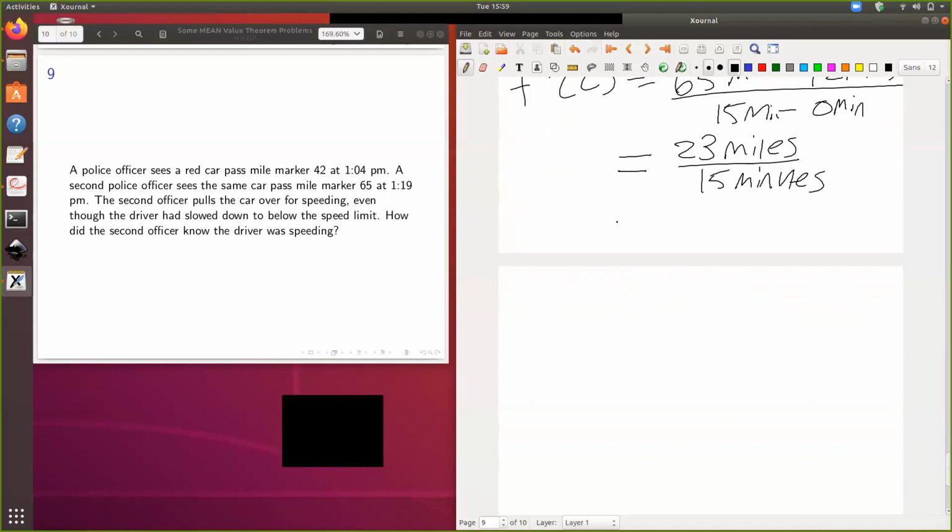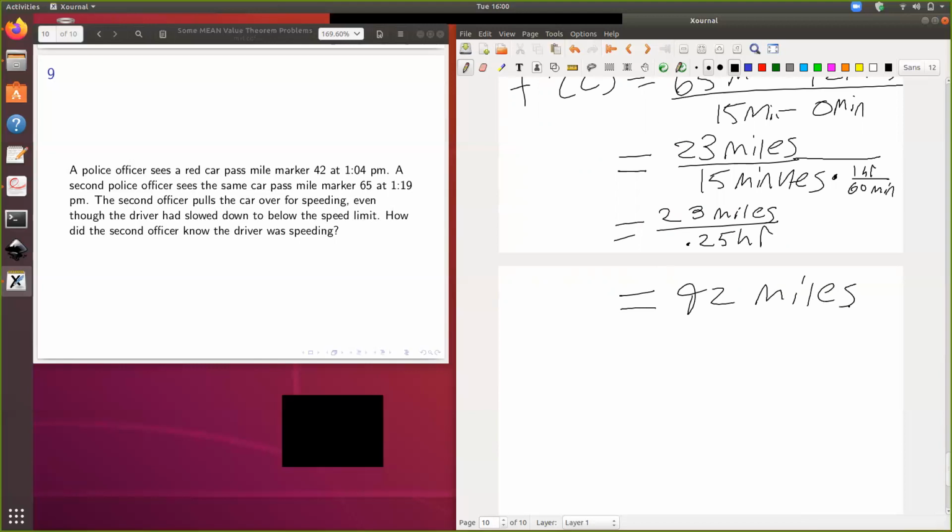So if we multiply the bottom side by a fancy 1, this is just some high school unit conversion, 1 hour per 60 minutes, we get 23 miles per 0.25 hours, which is going to be equal to 92 miles an hour. So unless the speed limit is 100 miles an hour, which I doubt, he definitely broke that speed limit.